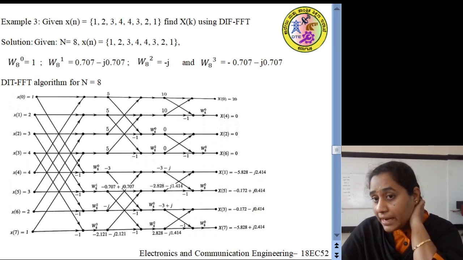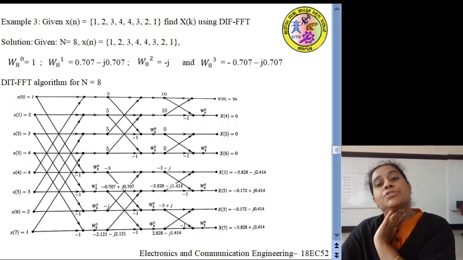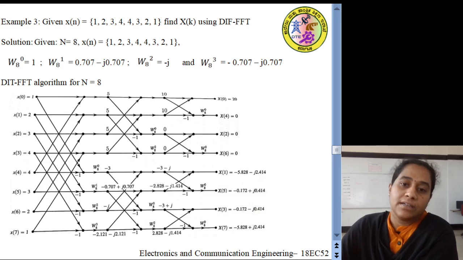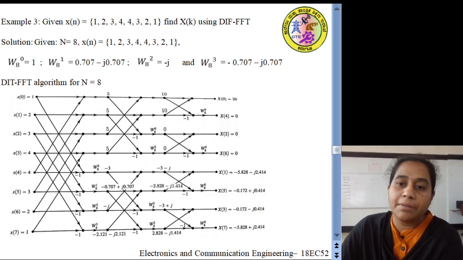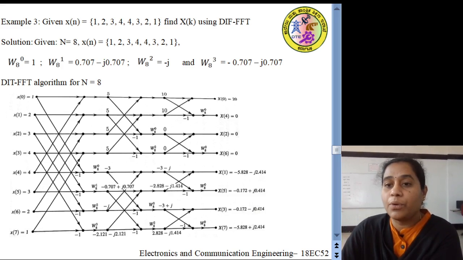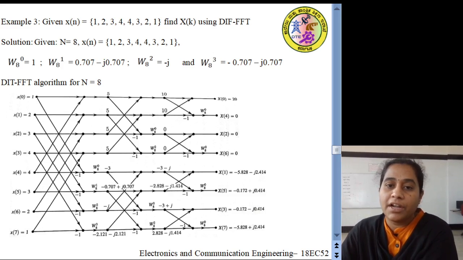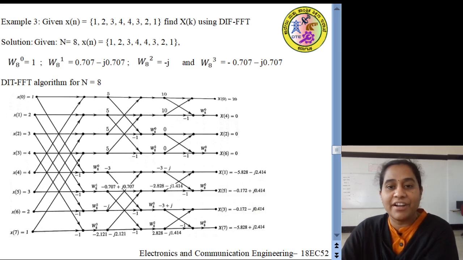So we need 4 values for twiddle factors, W8 power 0, W8 power 1, W8 power 2 as well as W8 power 3. So W8 power 0 is 1, W8 power 1 is 0.707 minus j 0.707, W8 power 2 is minus j, W8 power 3 is minus 0.707 minus j 0.707.